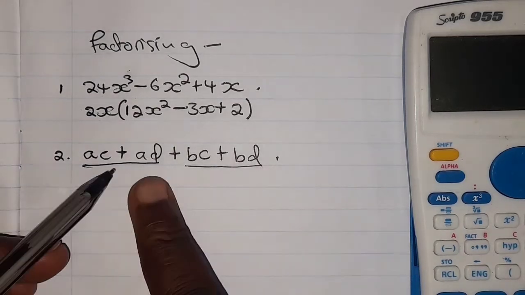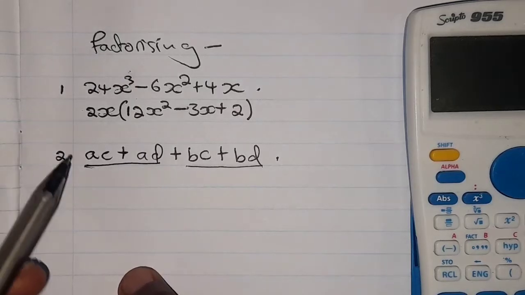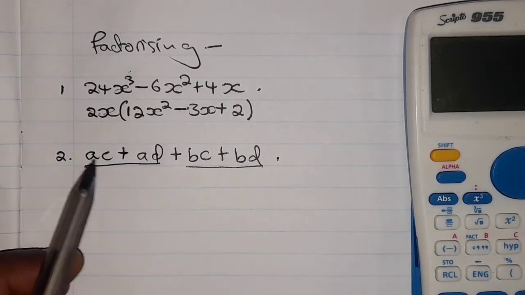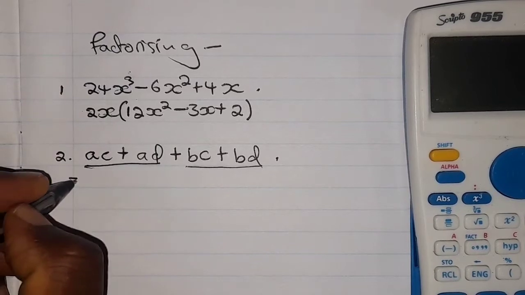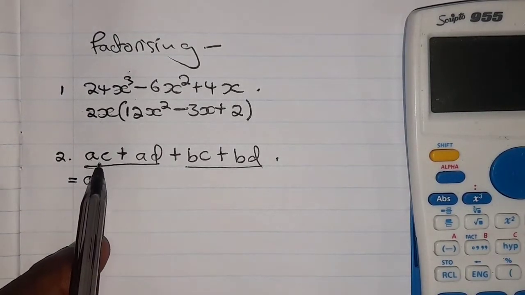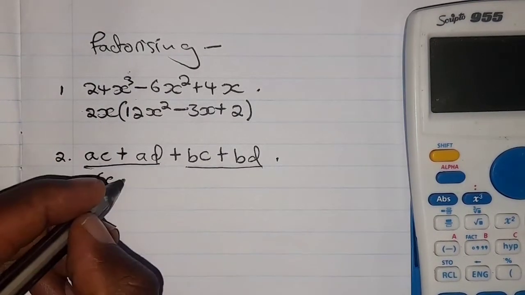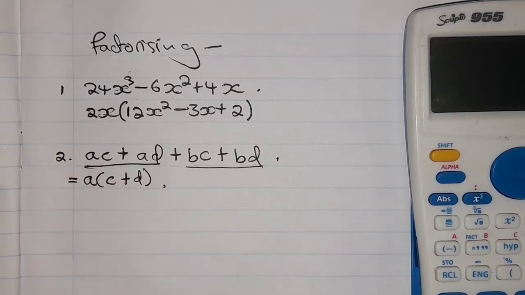Looking at the first 2, do we have a common factor here? Yes, we do. There is A and there is A. So we can factor out A here, and if we divide this by A, we are left with a C, and here we are left with a D.